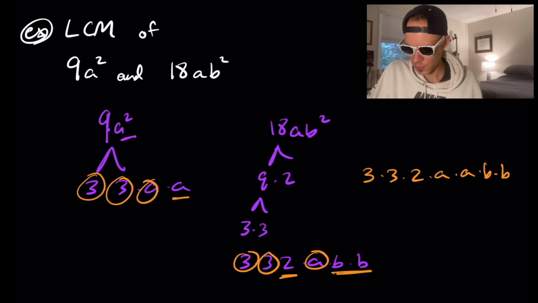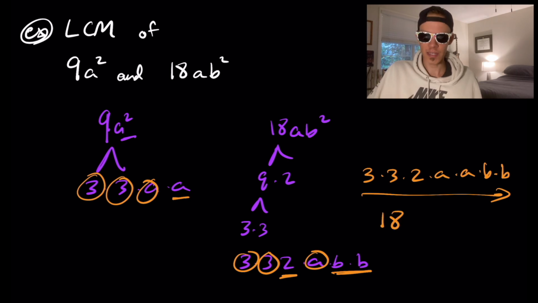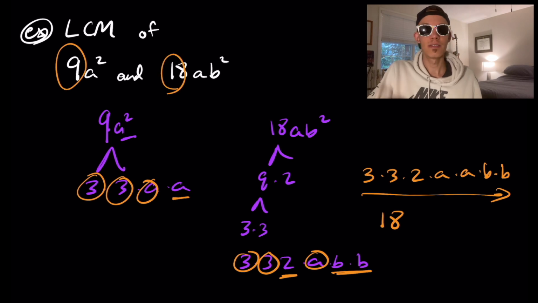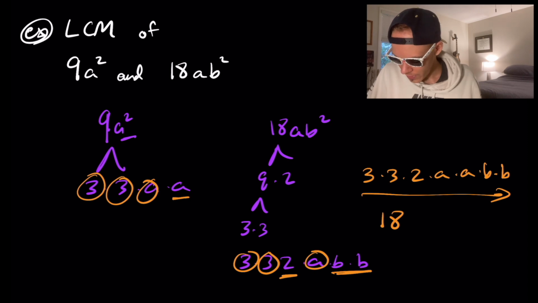And now if we multiply everything out, left to right, 3 times 3 is 9, 9 times 2 is 18. And that checks out because the least common multiple of just 9 and 18 is 18. Write it out if you need to. And then a times a is a squared, b times b is b squared.